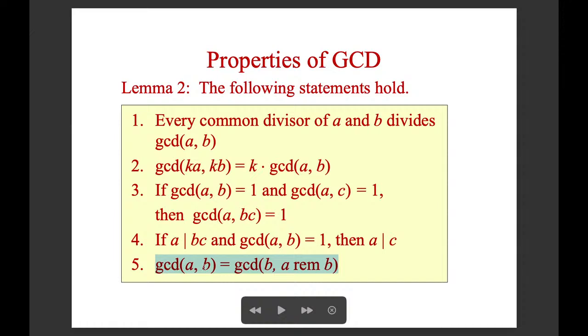Instead, we replace a by a mod b, and then find the greatest common divisor of the resulting two numbers b and a mod b. So we are turning the problem from two large numbers a and b into two smaller numbers b and a mod b. In such a case, the numbers we are considering will get smaller and smaller, so eventually we will be able to solve the problem and find the greatest common divisor.